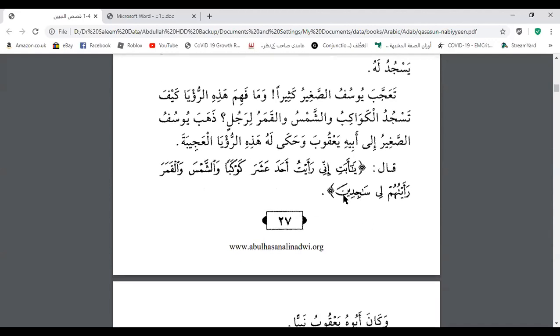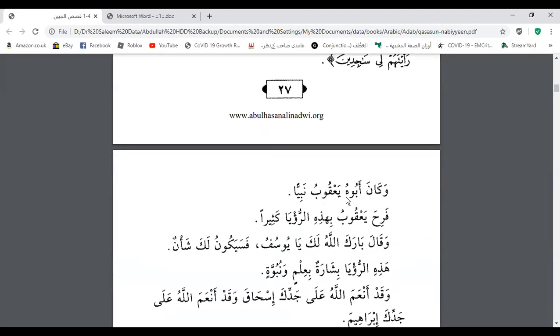So he said, this is in parenthesis, part of Quran, Ya abati, oh my father, indeed I saw 11 stars and the sun and the moon. I saw them for me prostrating, means they were prostrating to me.